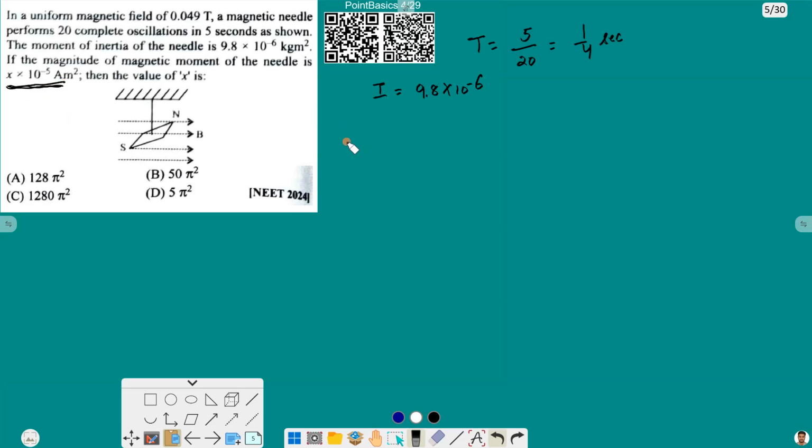So again, time period is given by 2 pi under root I by mB, and we have to find magnetic moment of the needle. So m we have to calculate.